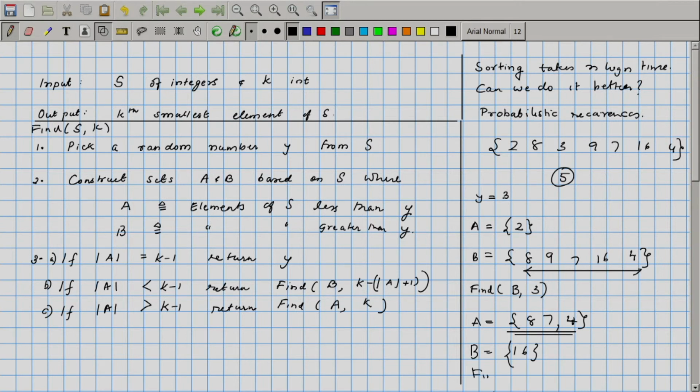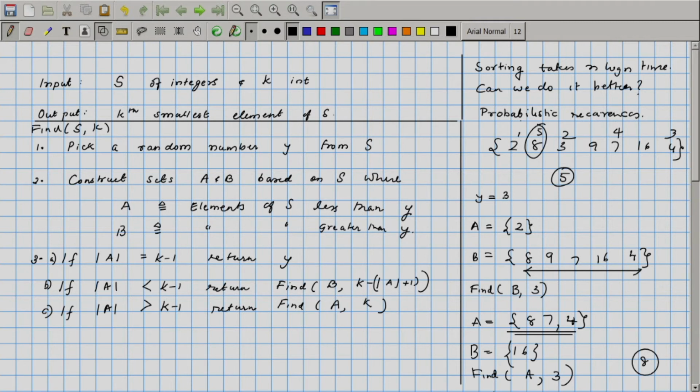We will do a find on A, where A is now 8, 7, 4. So, find the third element in A, and the recursive call would return 8 as the fifth smallest element. The answer is correct: 1, 2, 3, 4, and this is the fifth element. So, that is our algorithm.